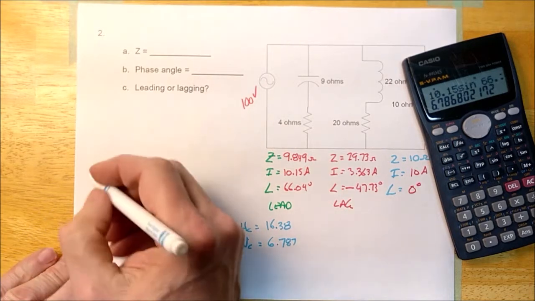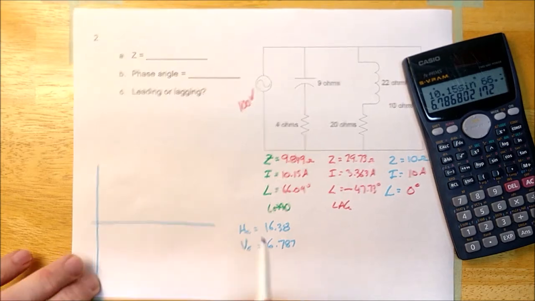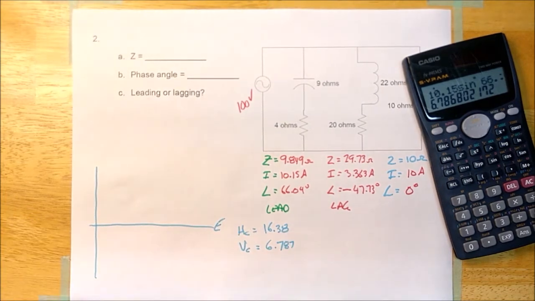Now, by the way, I'm going to draw these phasors over here because we should be drawing the phasors, and I kind of skipped it. So I just want you guys to see what these current phasors are going to look like.